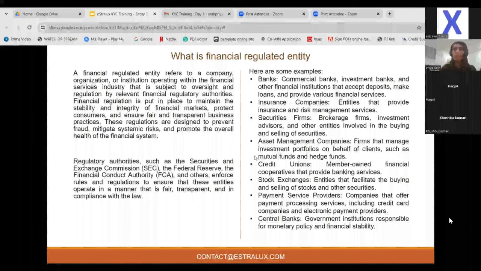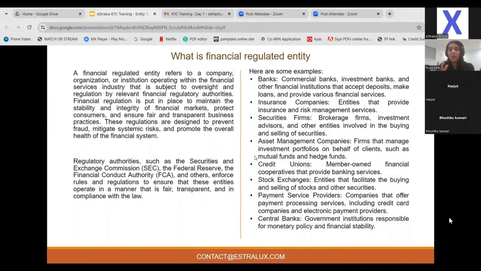Okay. Now, going ahead, you have a regulated entity. When you hear regulated, forget about entity. Regulated means it is governed by somebody.